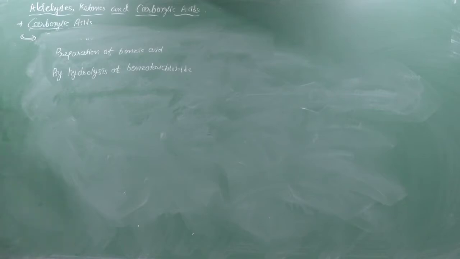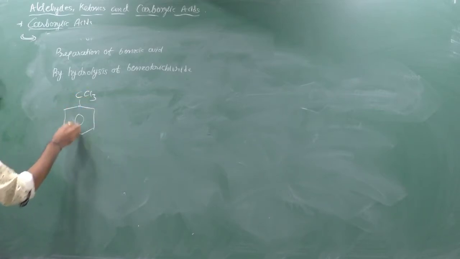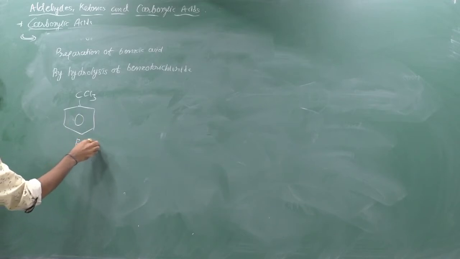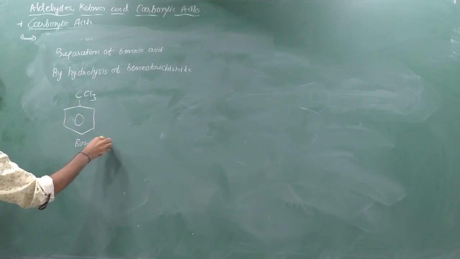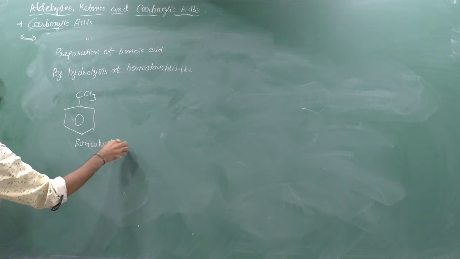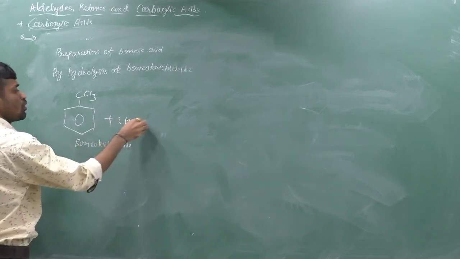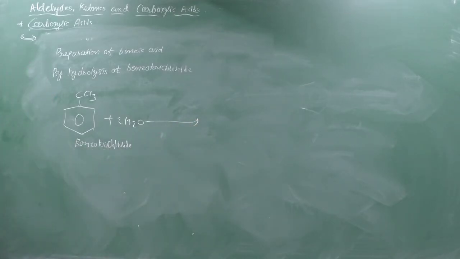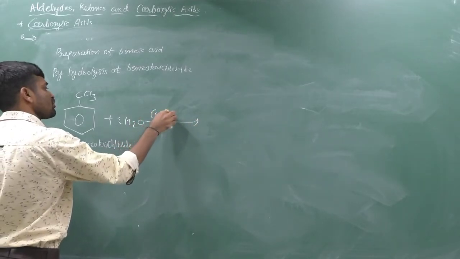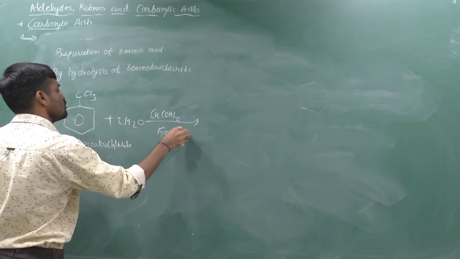Suppose we have benzotrichloride, meaning CCl3, and we treat it with H2O in the presence of Ca(OH)2 and Fe catalyst.